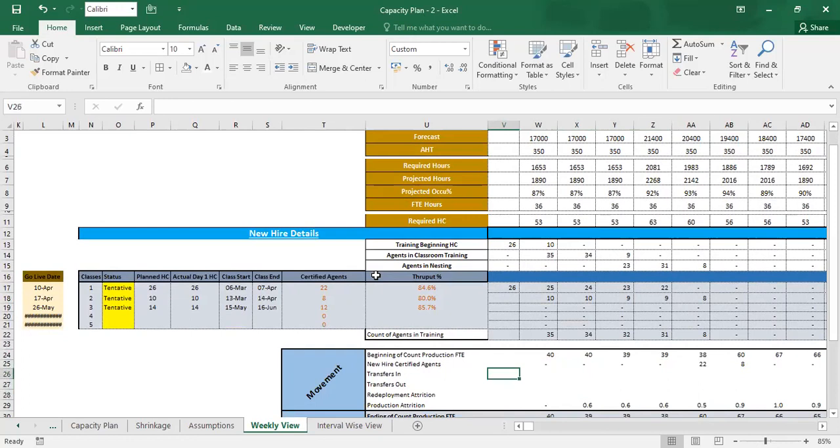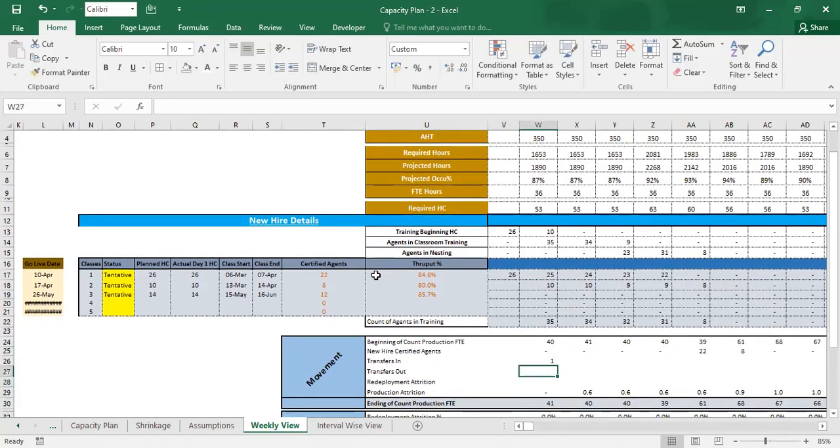If any particular agent is moving from LOB to LOB, we can put that agent count here. Like if one agent is moving in, it will be added, and if anyone is going out, that will be minus.